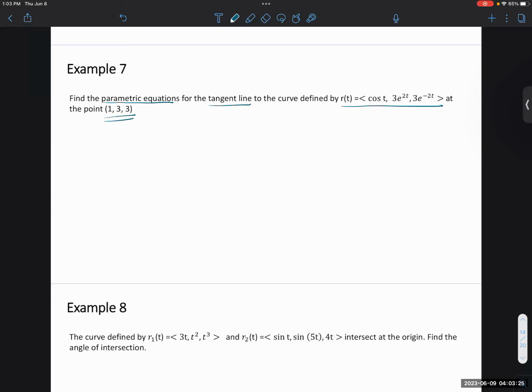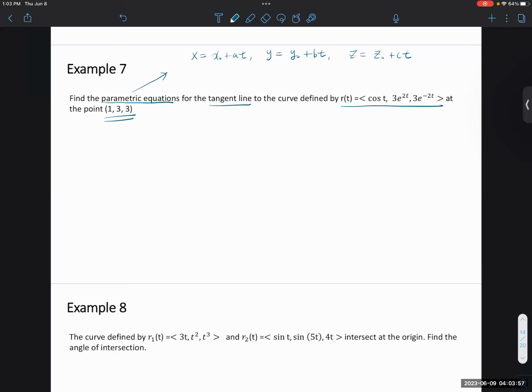So, what is a parametric equation? If you remember, the parametric equation is x equal to x0 plus at, y equal to y0 plus bt, z equal to z0 plus ct. We learned this form in the previous units, but this is going to be related to the vector valued function.